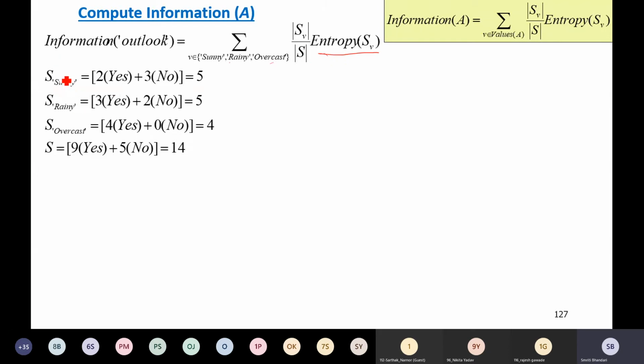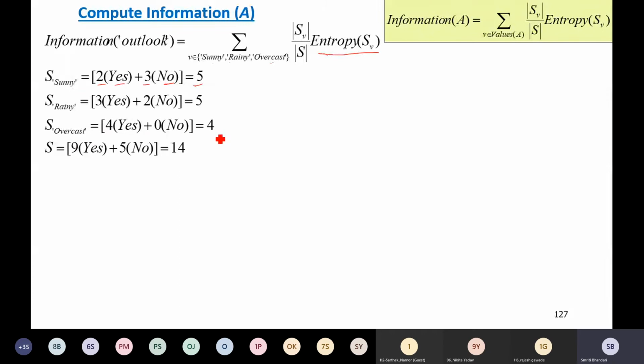Now S sunny. So the first value is sunny. How do we compute this S sunny? How many examples do we have for this value sunny? We have 5 examples, 2 belonging to yes class and 3 belonging to no class. So total number of samples for value sunny is 5.